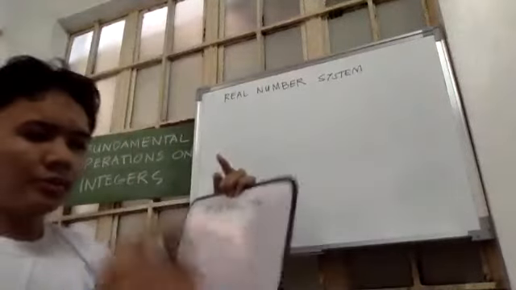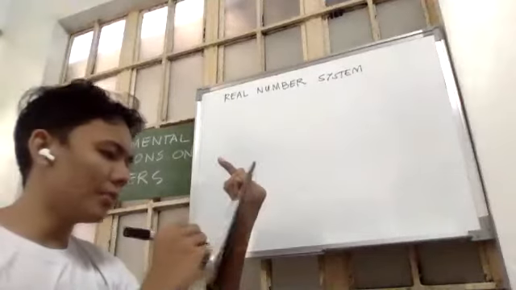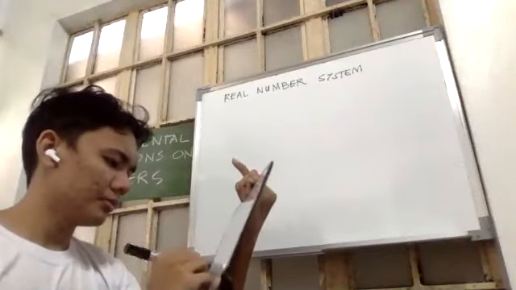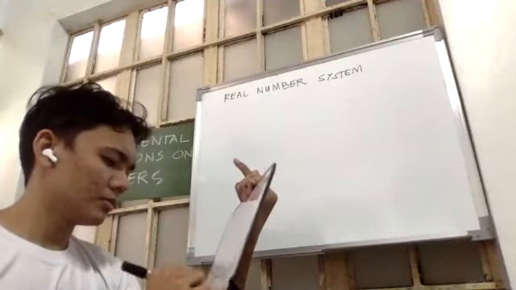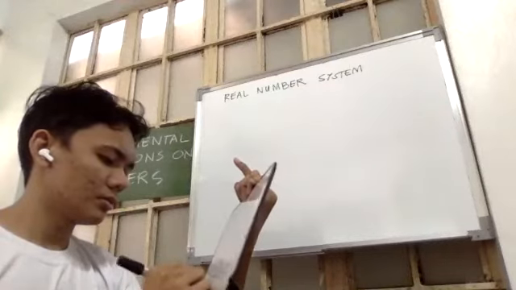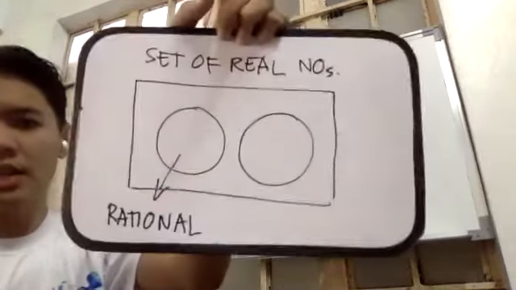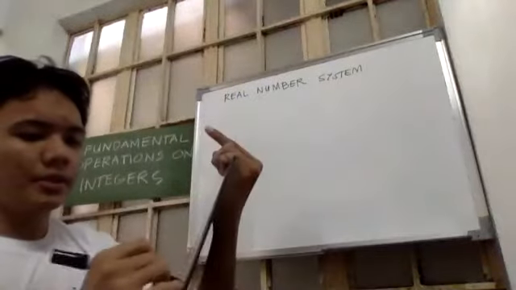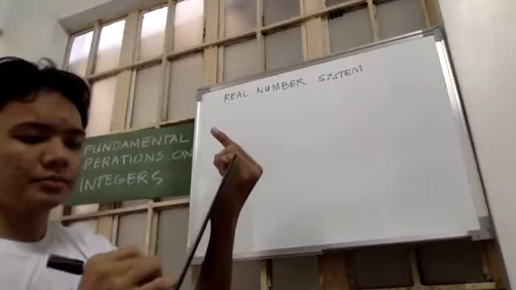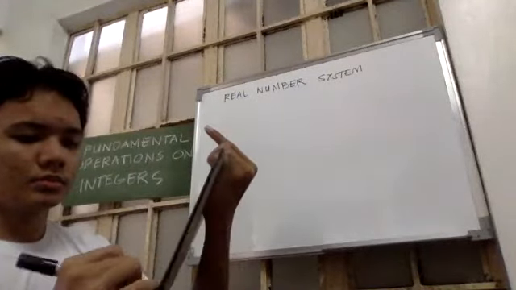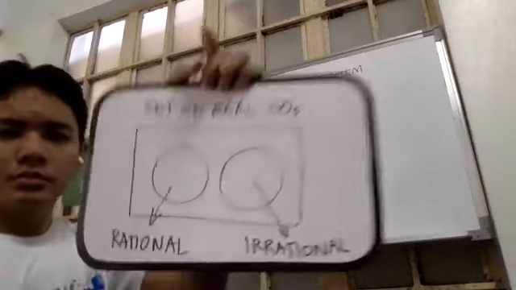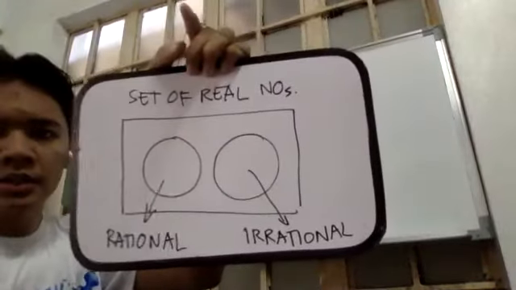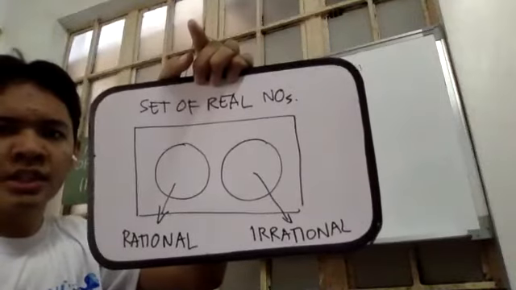So sa left, I have the set of rational numbers. Okay, so rational. Then I have here the irrational. So yan dalawa siya. So I have the rational numbers and the irrational numbers.